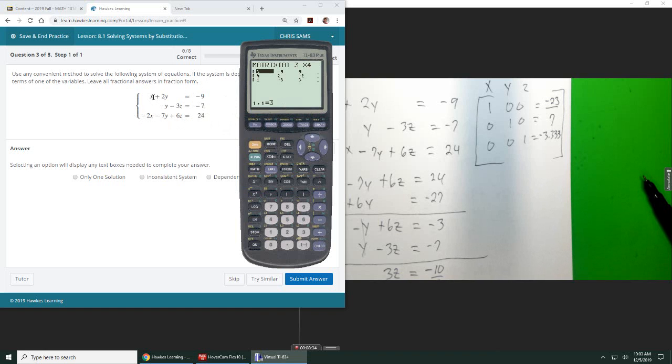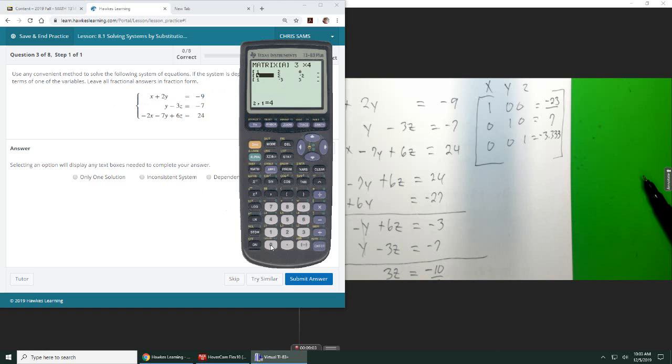Now we're going to list the coefficients. So only the numbers in front of these terms. So there's 1 here, so I'm going to put a 1 for the first term, a 2 for the second term. Now this next term is missing the z value, so we're going to put a 0. We have to put something there. And then my last number is negative 9. Make sure you use the negative at the bottom, not the minus on the side. It won't work correctly. All right, then on the next row, we have a 0 for my x.